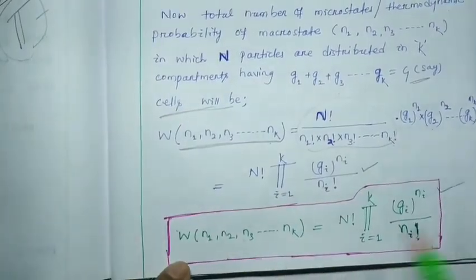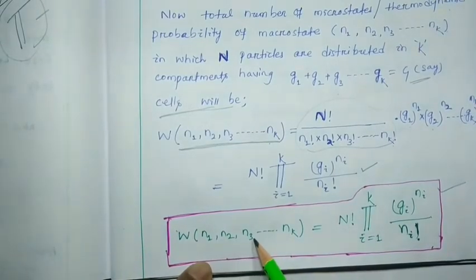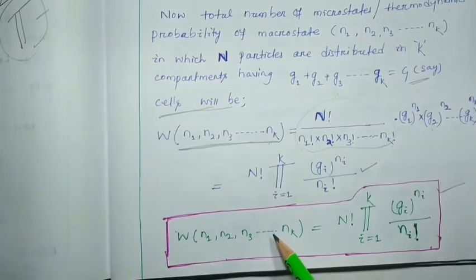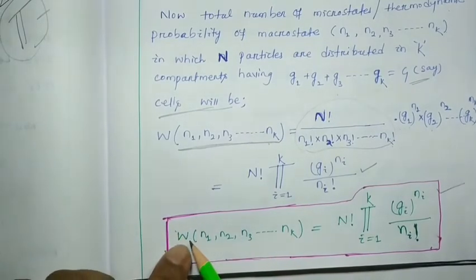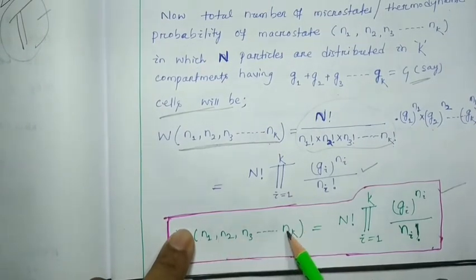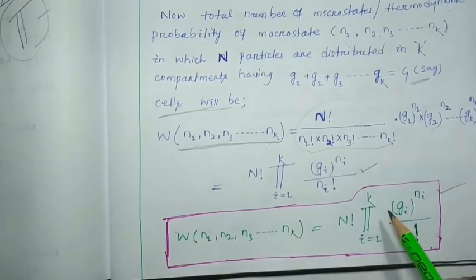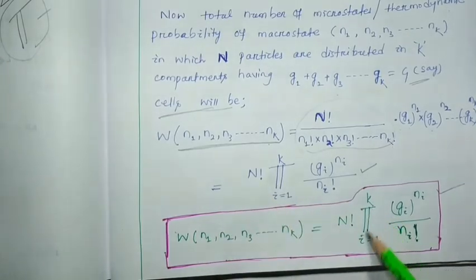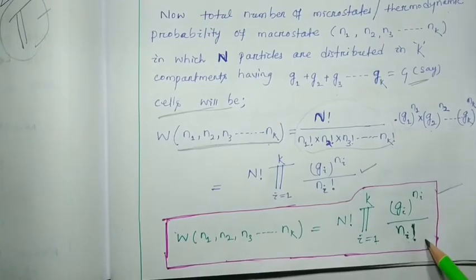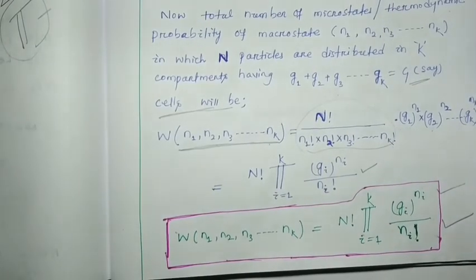Here clearly I have written that w(n1, n2, n3 up to nk) is the macrostate. For this macrostate, the thermodynamic probability w represents the thermodynamic probability of this macrostate, or you can say the number of microstates of this macrostate. It is N factorial, product symbol i equal to 1 to k, gi to the power ni whole divided by ni factorial.